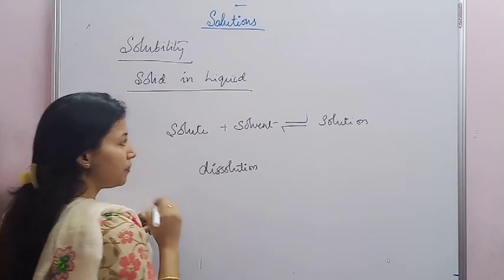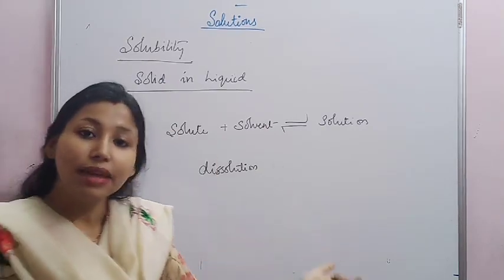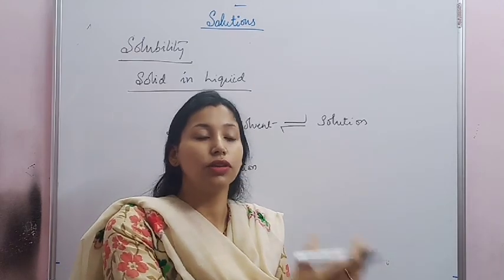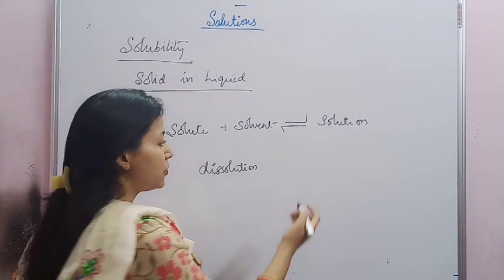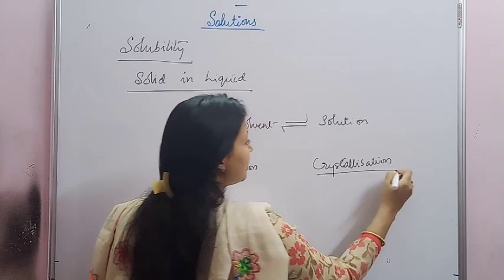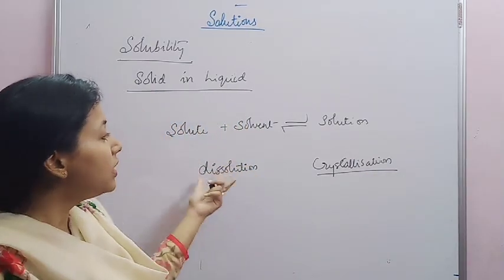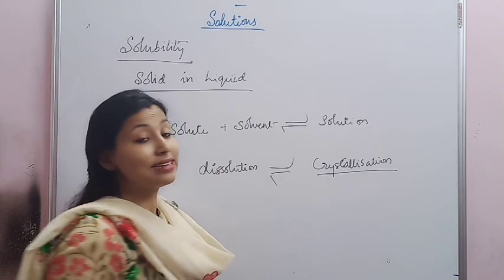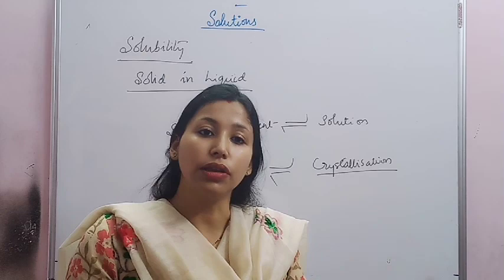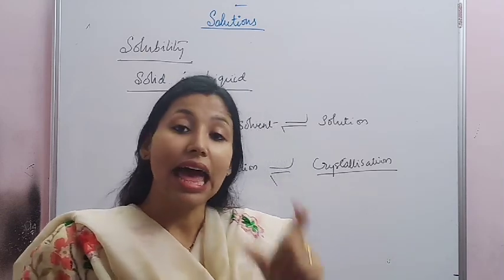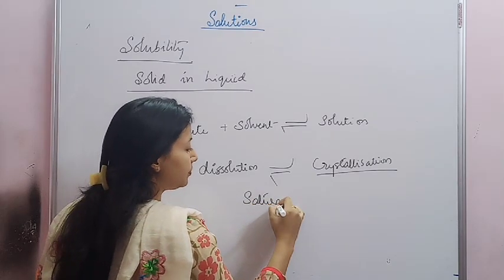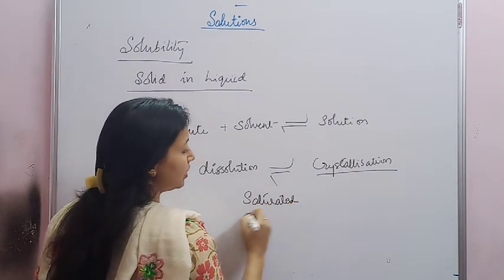At the same time, some of the solid solute particles come from the solution back into the solid state. That process is crystallization. So when these two processes are at equilibrium, you cannot dissolve any more solute into your solution. At that stage, your solution will be called a saturated solution.